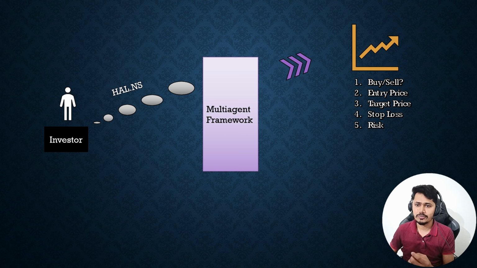It is also going to give you the stop loss in order to save your losses, right? And at the end it is going to give you the risk factor. So it is going to say, okay, based on my analysis, these are the things that I have given to you, but this is the risk associated with that. So it is going to give that risk, whether it is low risk, medium risk or high risk. That information it is going to give.